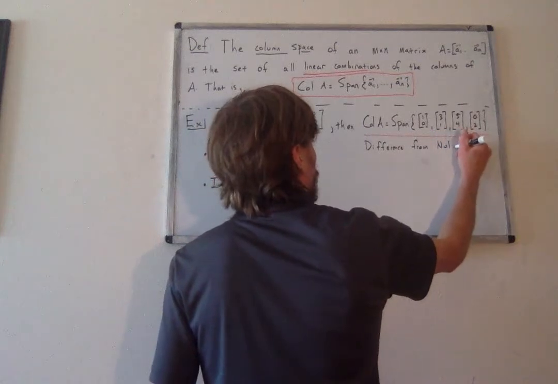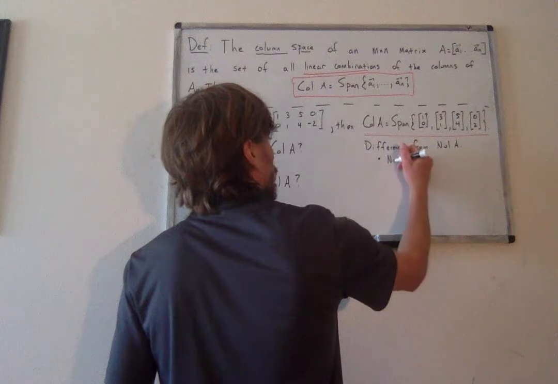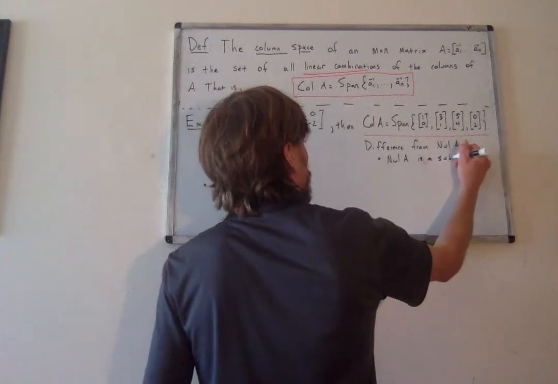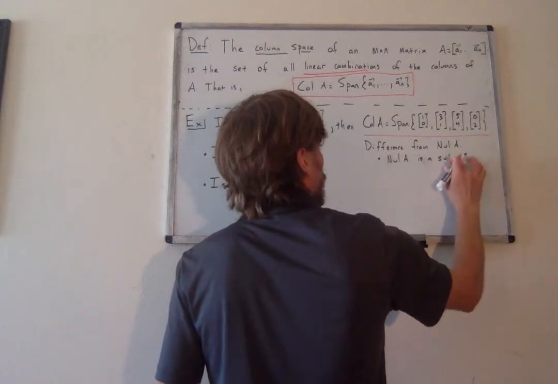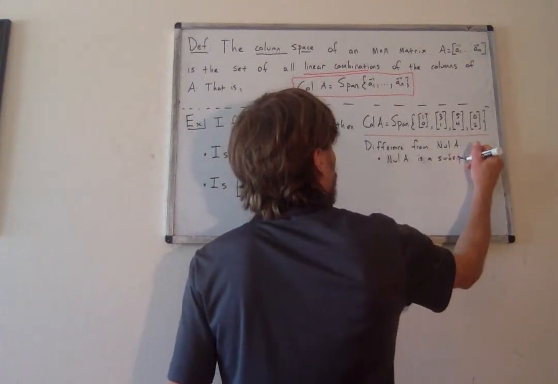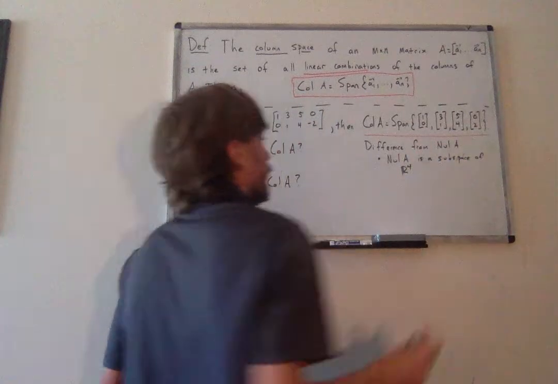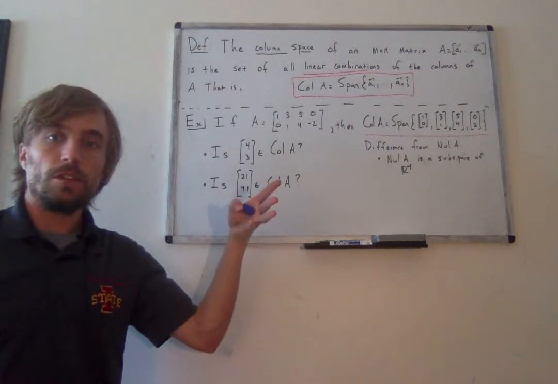So remember the null space of this was a subset, and actually a subspace we can write, of R4. Right, so remember that when we looked at the null space of this matrix, it contained vectors of length 4.